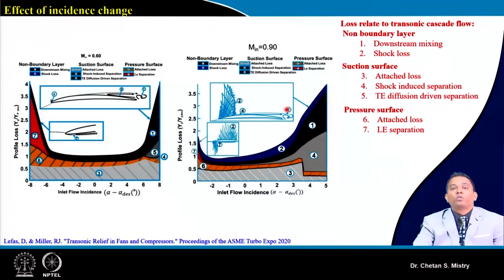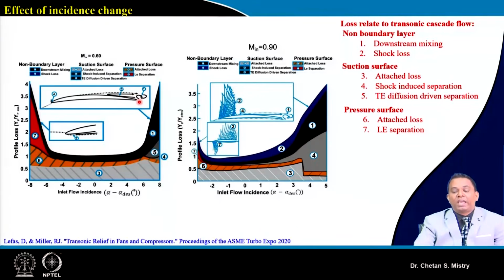Now in order to distribute the losses, Professor Miller and colleagues have divided the losses into different categories: non-boundary layer kind of losses, suction surface losses, and pressure surface losses. In the case of non-boundary layer losses, there are downstream mixing losses, which is what happens towards the trailing edge.